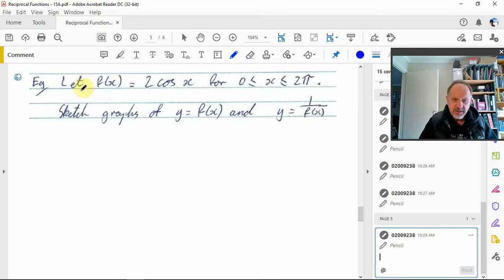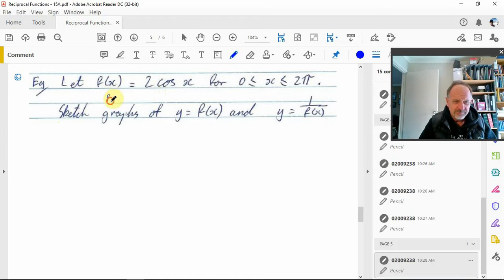Okay, so if f(x) is 2 cos x, from that our period is 2 pi on n, and n is 1, so it's 2 pi. Our amplitude, so how high it goes, is 2.